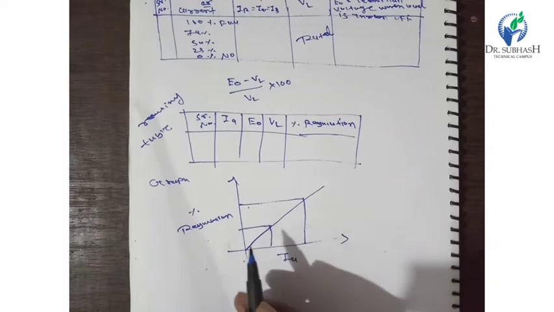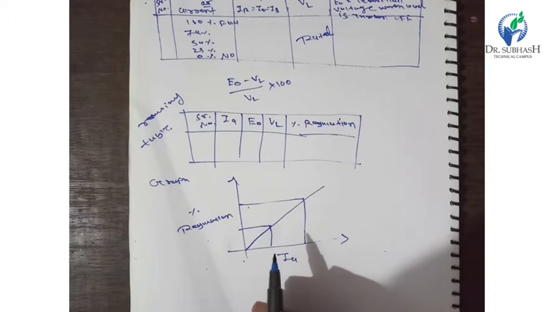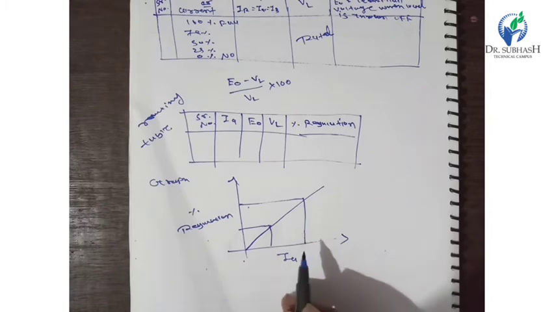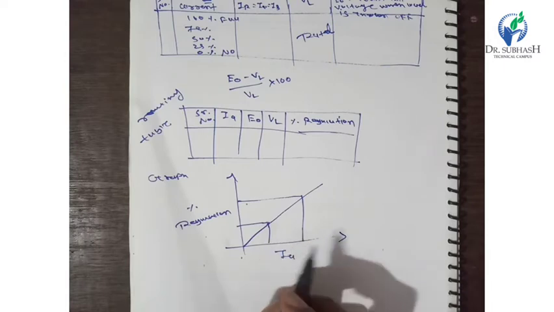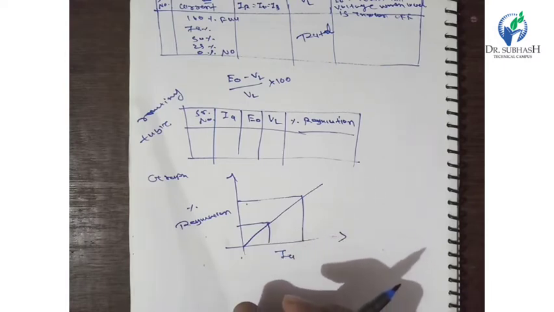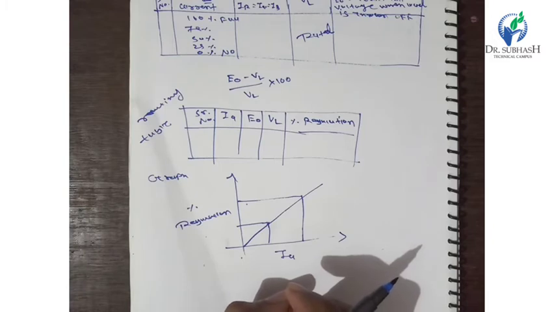Moreover, if the alternator is too big, there may not be a successful loading facility at the place of testing. Therefore, for testing a high capacity alternator, indirect methods are used.